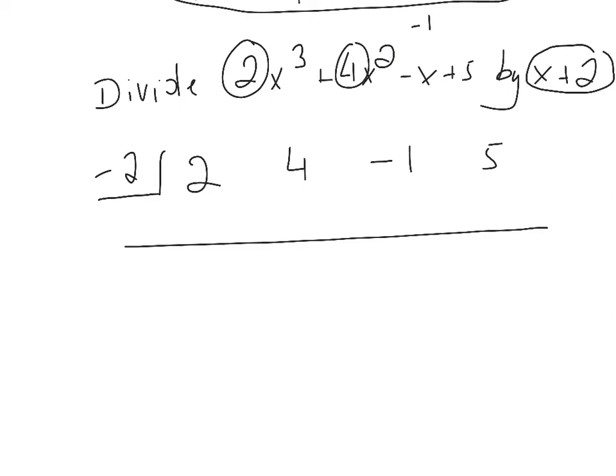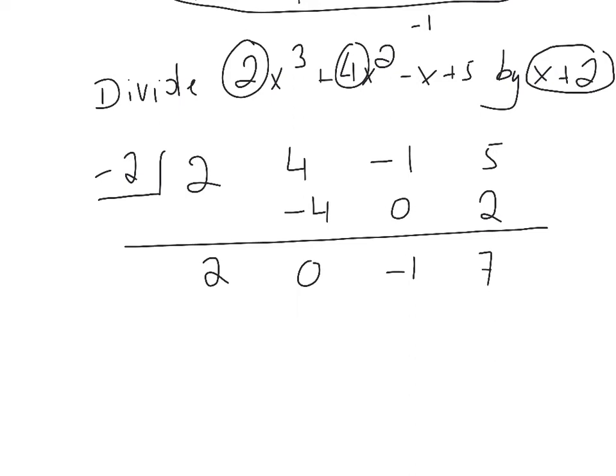So 2, I bring it down. 2 times -2 is -4. 4 plus -4 is 0. 0 times -2 is 0. -1 plus 0 is -1. And -1 times -2 is +2. And 2 plus 5, the answer is 7.